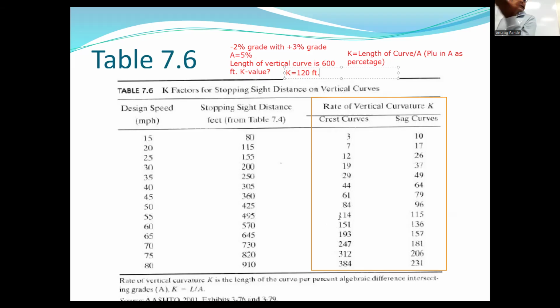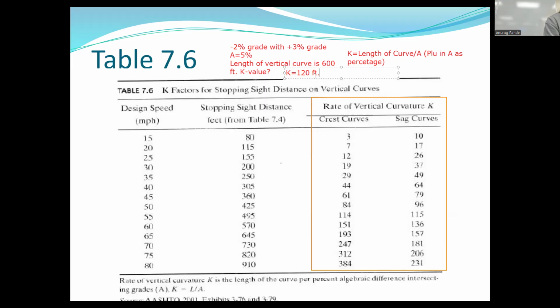I have -2 connected with +3. I have sag curve. So I'm looking for a minimum K value of 115, right? I have 120. So I cannot design a curve with 60 miles an hour because that requires a K value for sag vertical curve to be 136. I don't have 136 K value.